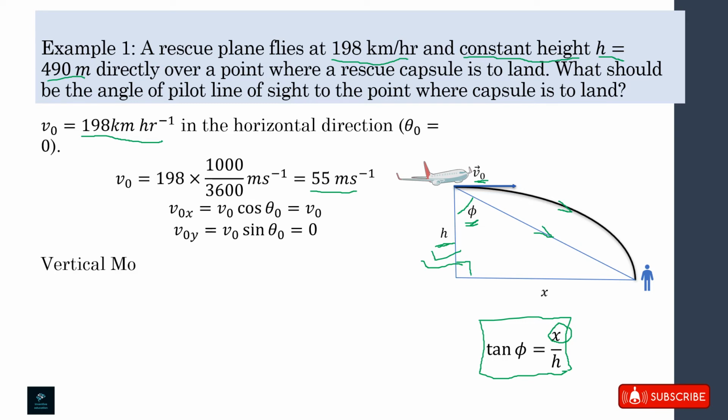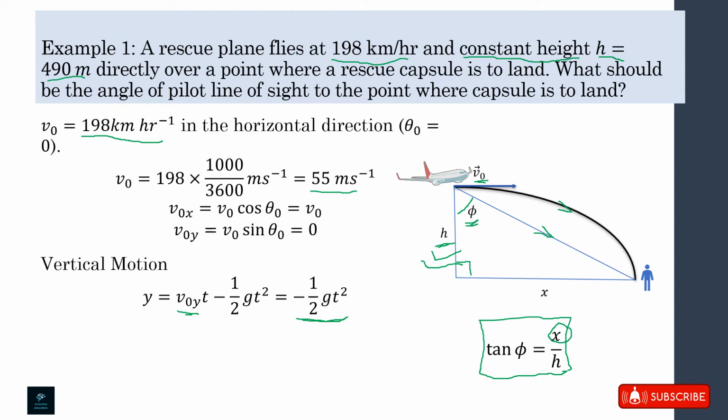The vertical equation of motion is y equal to v0y t minus half g t square, and since v0y is 0, therefore y is equal to minus half g t square. Now at the point where the rescue capsule lands, it is at a distance of y equal to minus h, that is y equal to minus 490 meters from the point where it is released.